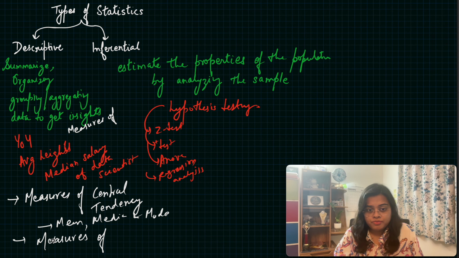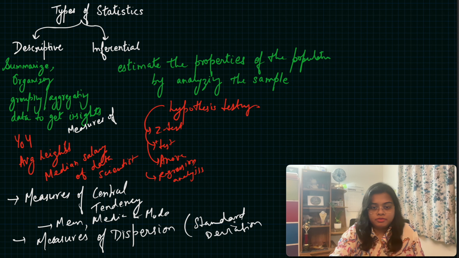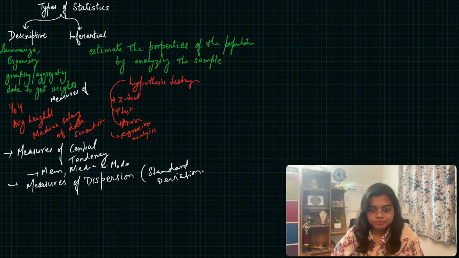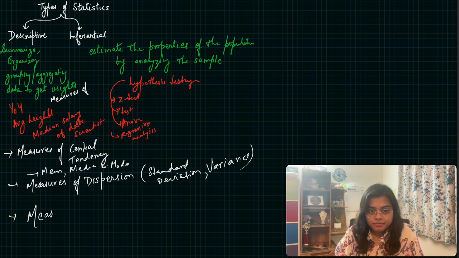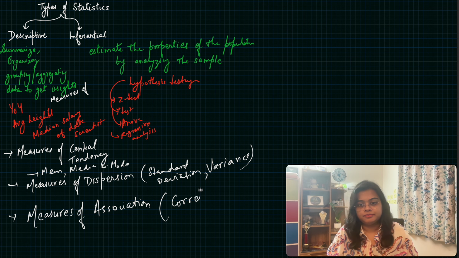Measures of dispersion: standard deviation and variance. Then you have measures of association, like correlation and covariance.